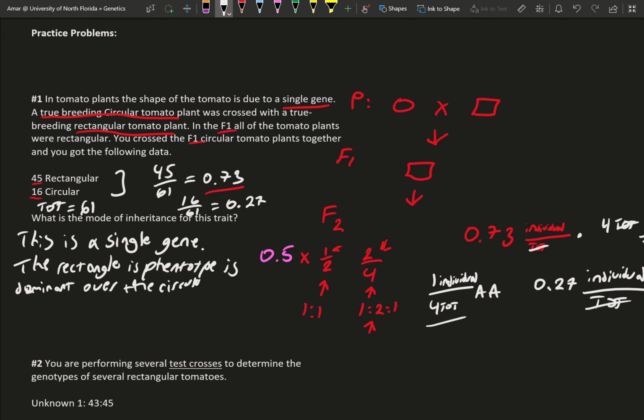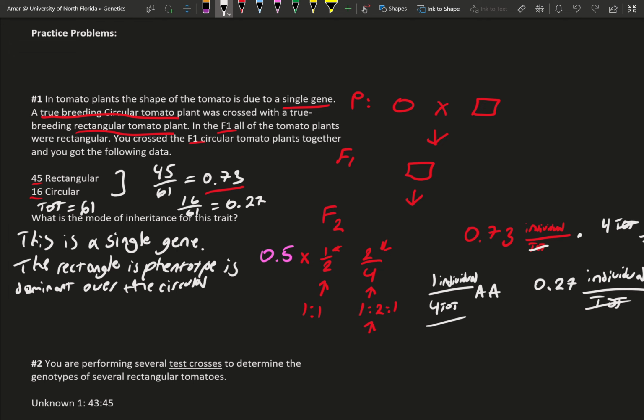So in other words, you need 2 circular alleles to be circular. And so far we can't really do much with this problem. This was sort of an introduction to how you should think about these problems, trying to find the ratio.